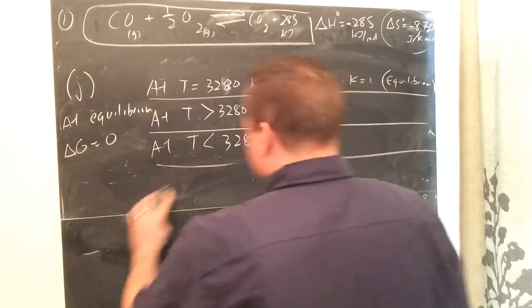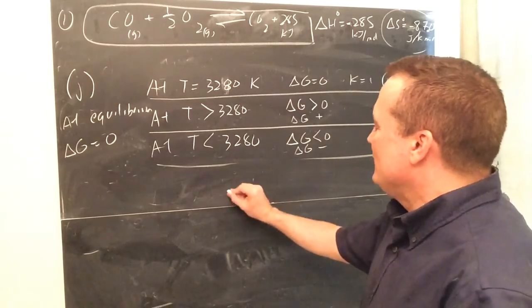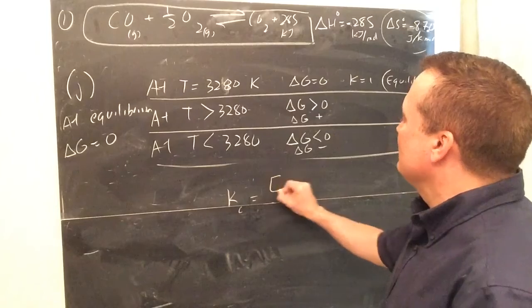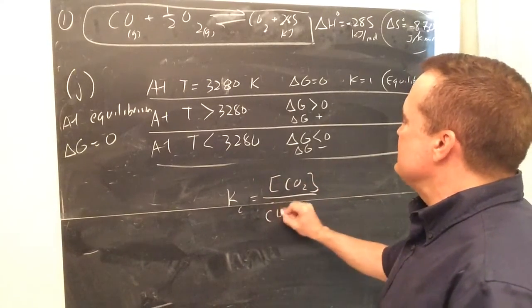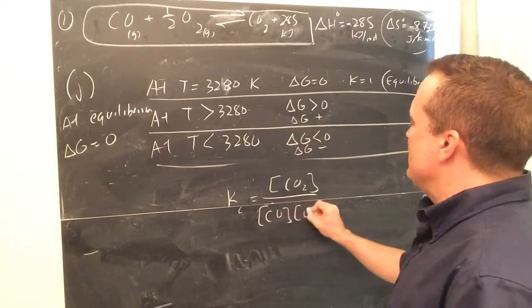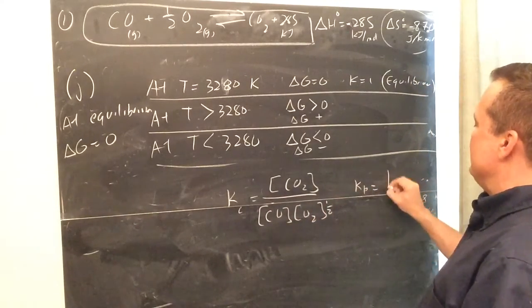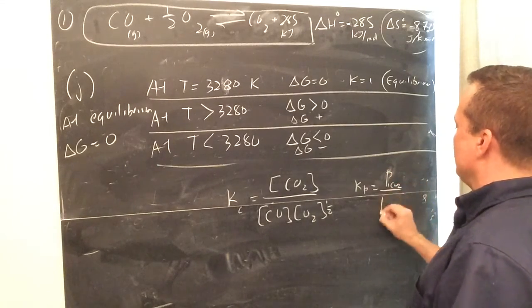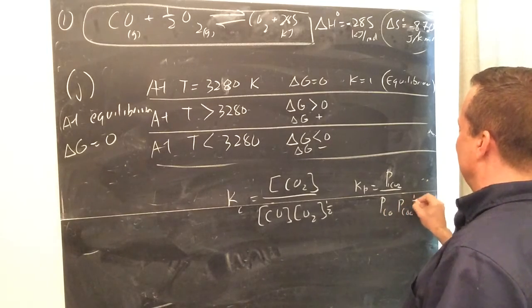This is what we do. In the ideal standard world, your K, Kc or Kp, would equal CO2 over CO times O2 to the 1/2. Or if it were a Kp, it would be the pressure of CO2 over pressure of CO times pressure of O2 to the 1/2.